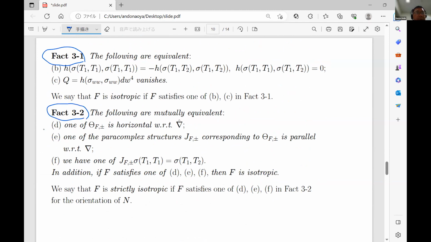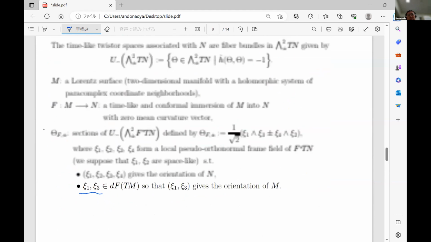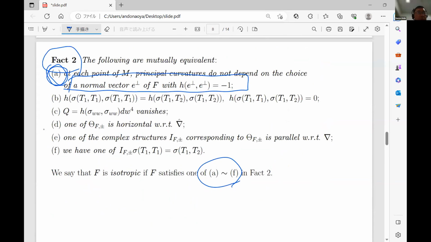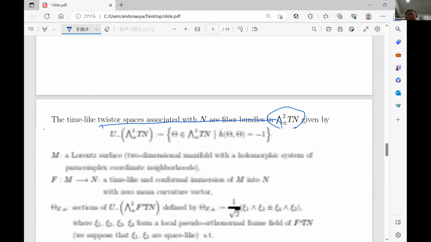Fact 3.1. The following are equivalent. Condition B and condition C correspond to condition B and condition C in fact 2 respectively.